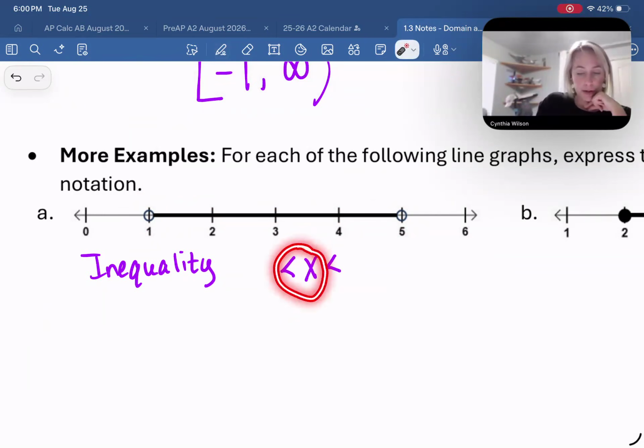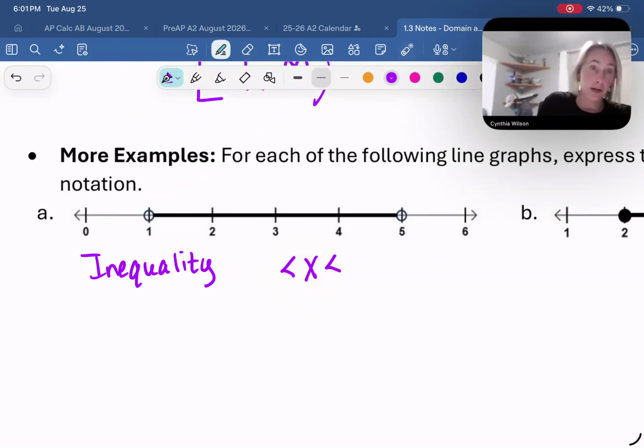So this one, you see how the open mouth is facing the x? When we cover this in elementary school, we always say the alligator eats the bigger number. It means x is bigger than something because the alligator is eating the x. So I'm going to put the smaller number on the other side.